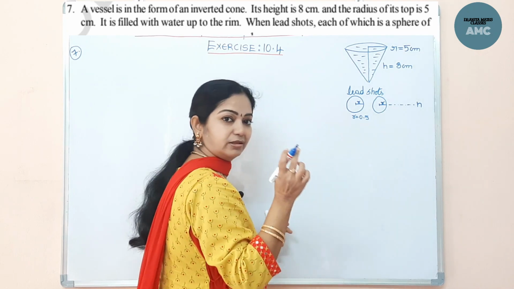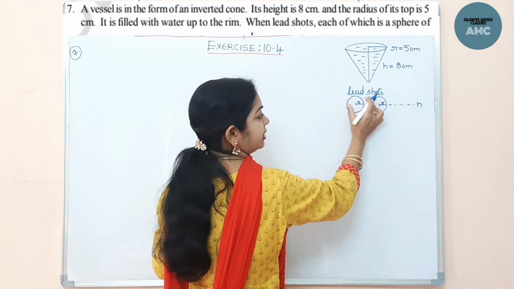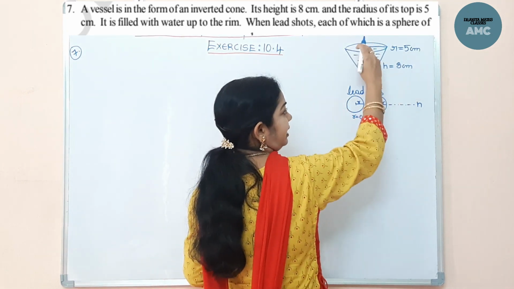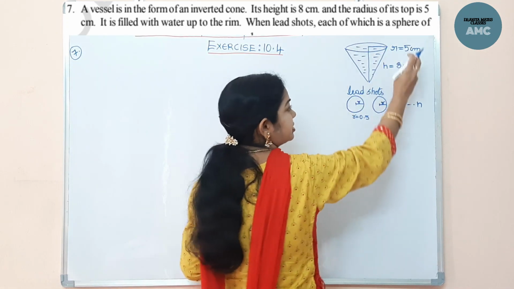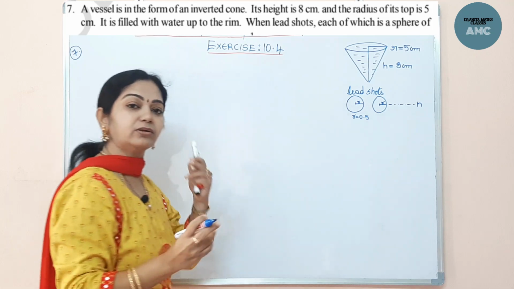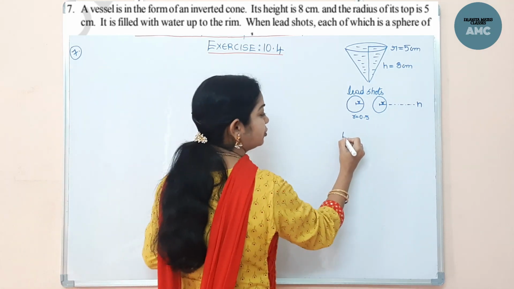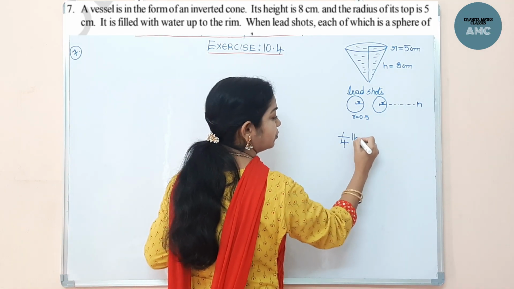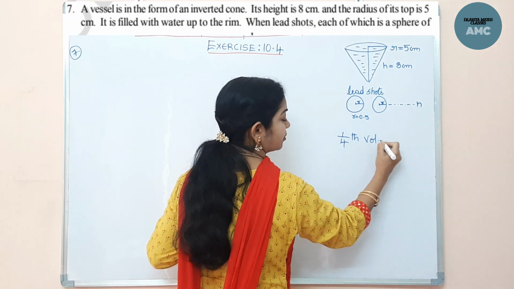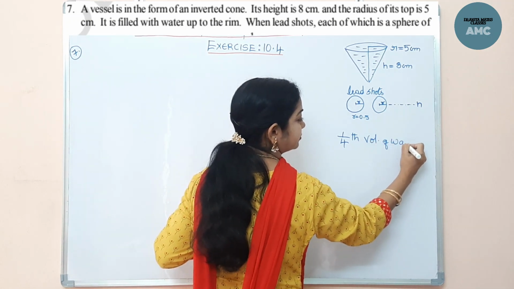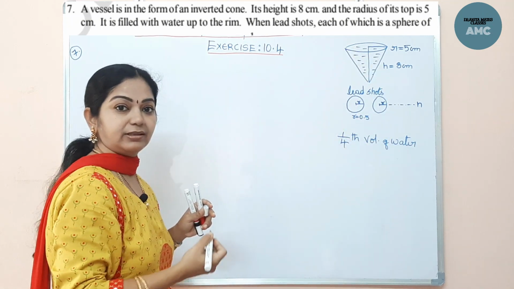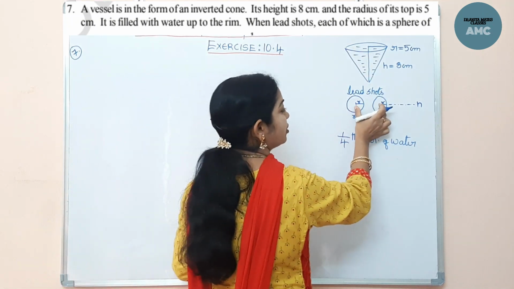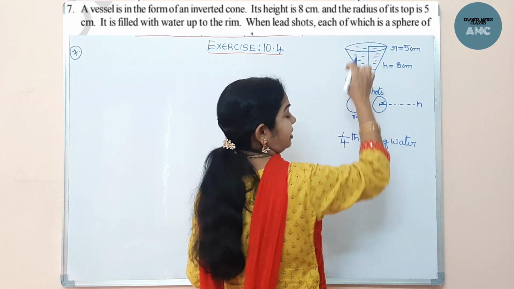Lead shots are in the form of a sphere, right? These lead shots are being placed into the cone, and because it is fully filled with water, some water is spilled out. Okay, that is also given as 1/4 volume of water is spilled out. Okay, that means how many lead shots we are placing in this, we have to find out.